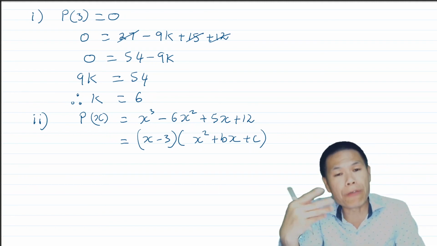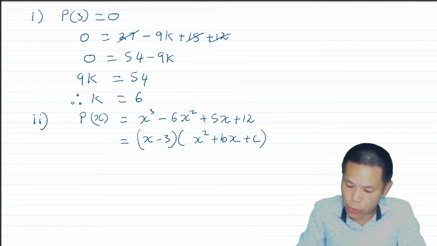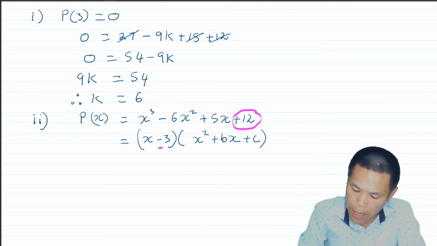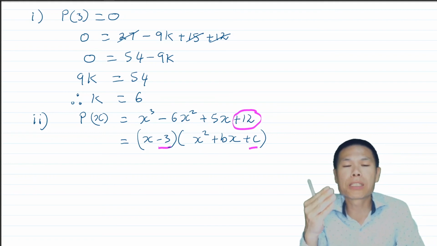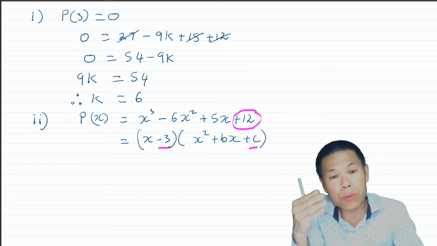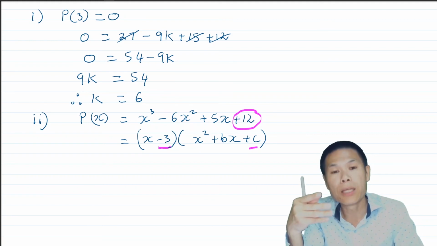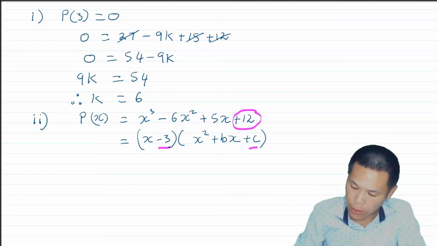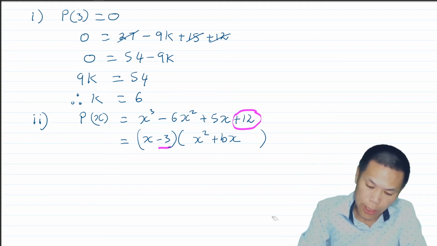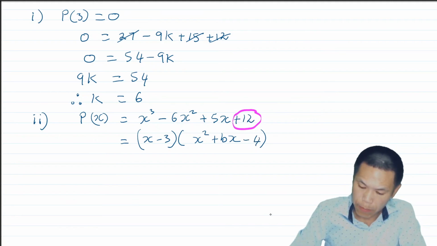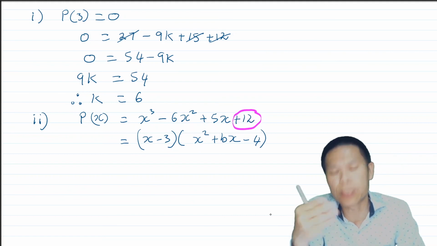And we can't find the value of b yet, but we do know the constant is 12. So therefore, minus 3 times c must give me 12. So 3 times 4 is 12, but it's negative 3, so c should be negative 4, because negative 4 times negative 3 is 12.